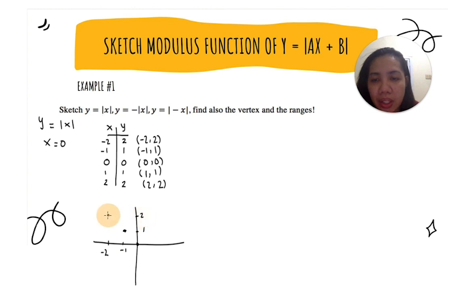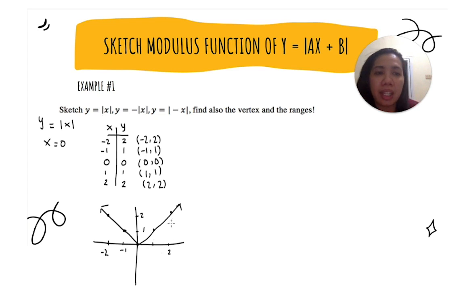And then 1, 1, and 2, 2. Now after we have these points, we have to connect them like this, and then like this. Now this is actually the graph or the sketch of y equals the absolute value of x.